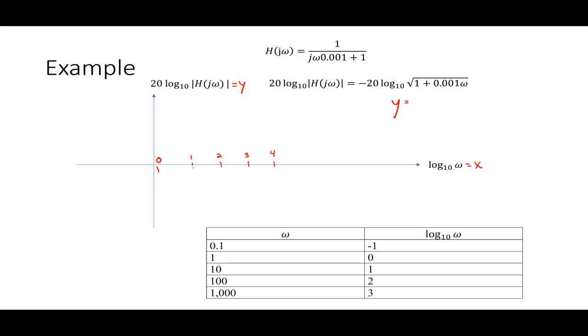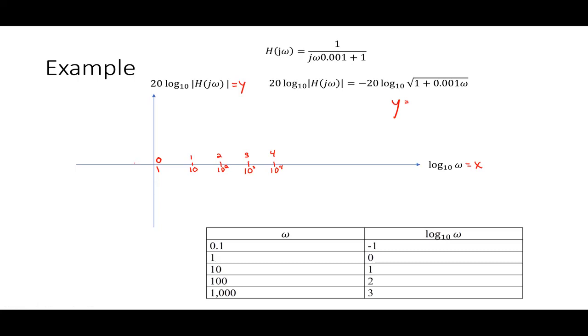The number 1 on the log scale corresponds to the actual number 10. The number 2 corresponds to 100, the number 3 corresponds to 10 to the third, and 4 corresponds to 10 to the fourth. So notice that my origin on this log scale corresponds to 1 radian per second, not 0.